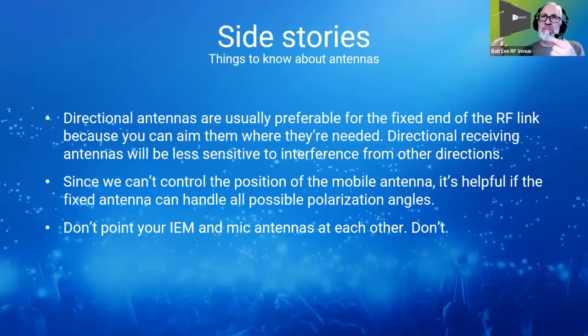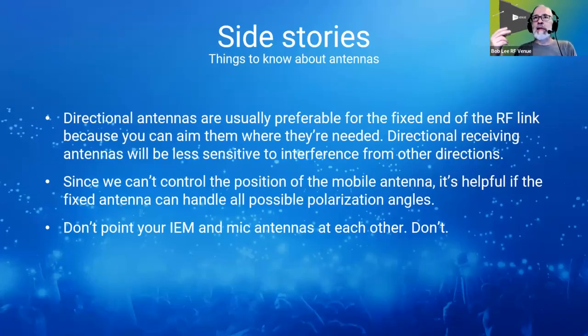And this was really why our antennas are kind of funny looking, because we design our antennas to pick up or transmit in all possible polarization angles of the RF signal. So that's something to keep in mind also when you're selecting antennas.